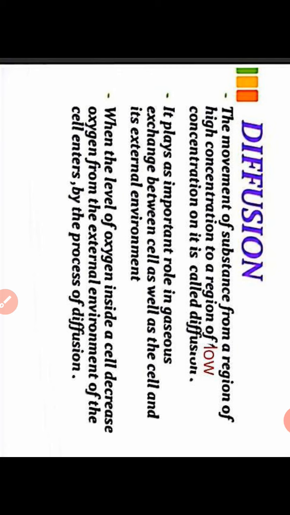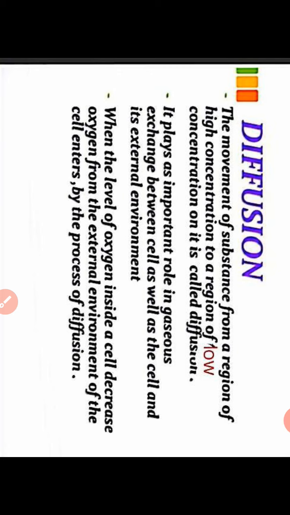So the oxygen will move out from the alveoli and enter the blood, from high concentration to low concentration. When this oxygen is utilized in the cell, it produces carbon dioxide, and inside the cell there is a high concentration of carbon dioxide and outside the cell a low concentration. So the carbon dioxide will move out of the cell according to diffusion.